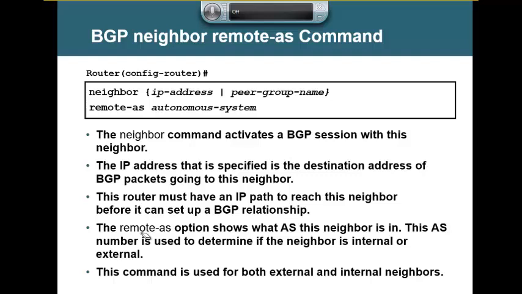The problem is with the reachability. The neighbor address might be given wrong. You might have given the neighbor IP address wrong, or there may not be a route to reach the neighbor. So if you correct this, problem solved.